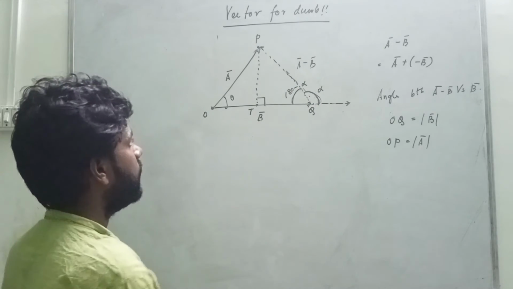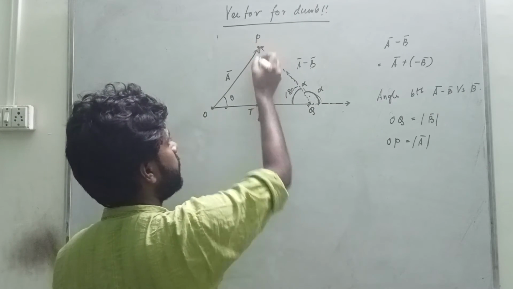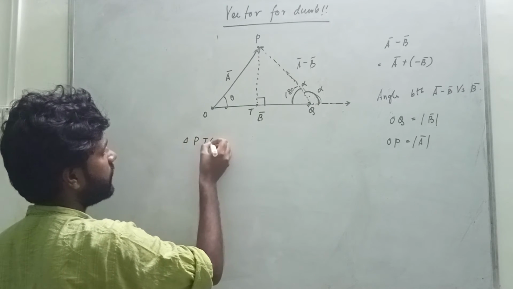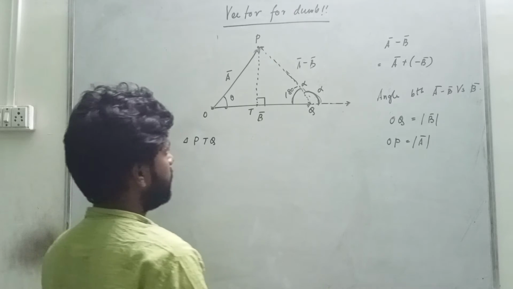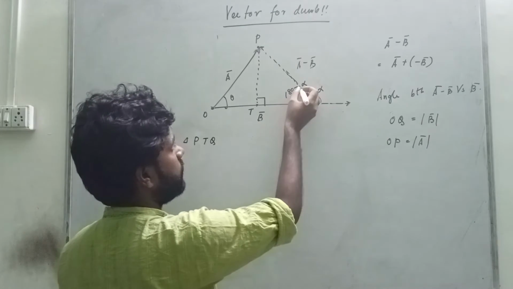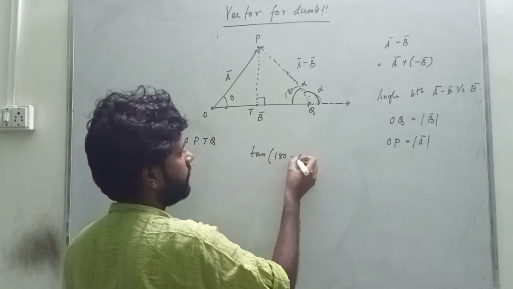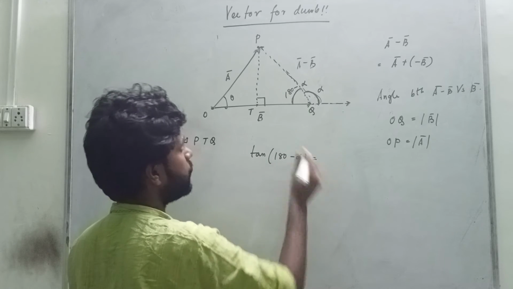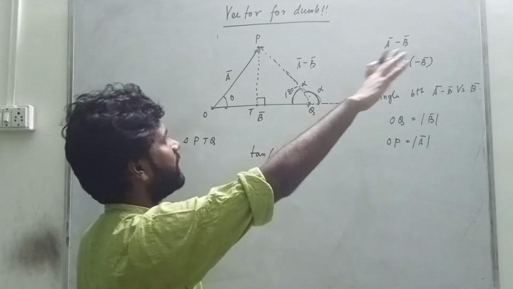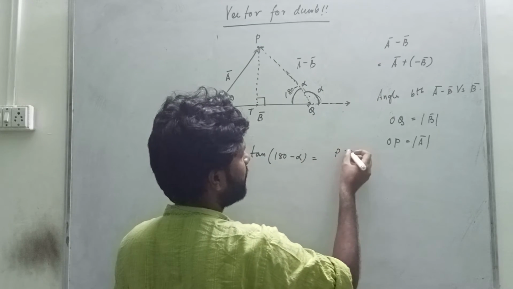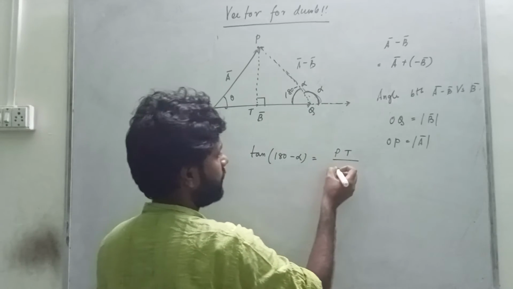So obviously from triangle PTQ, this is a right angle triangle, and obviously tan of 180 minus alpha is, just a very simple thing, perpendicular by base, right? PT by base QT.